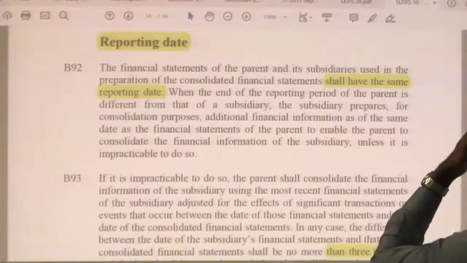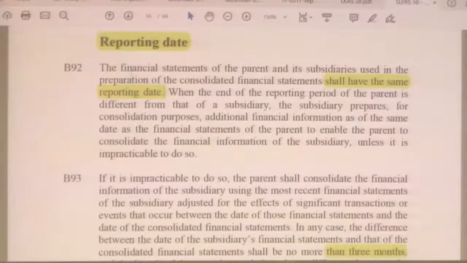When the end of the reporting period of the parent is different from that of the subsidiary, the subsidiary prepares for consolidation purposes additional financial information as of the same date as the financial statements of the parent, to enable the parent to consolidate the financial information of the subsidiary, unless it is impracticable to do so. If it is practical, you have to prepare another set of financial statements.